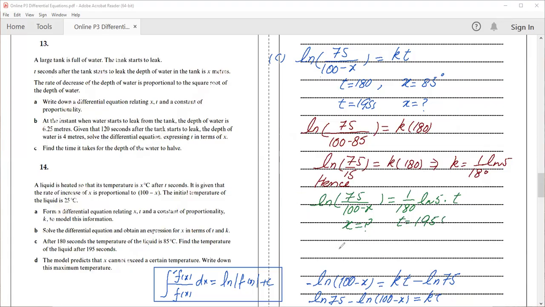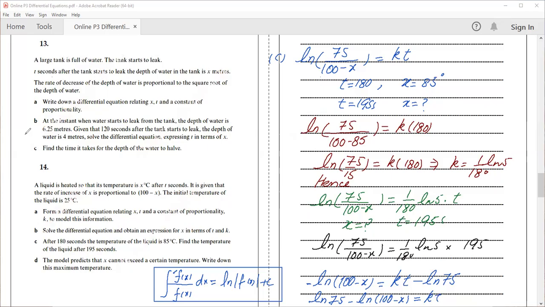So time is replaced by 195 seconds in the above equation. So I will get log natural of 75 over 100 minus x equals 1 over 180 log natural of 5 times 195. Now you have to use your calculator and find what the answer is.